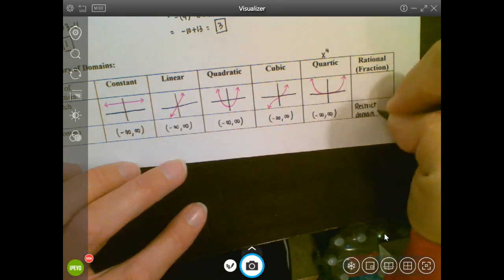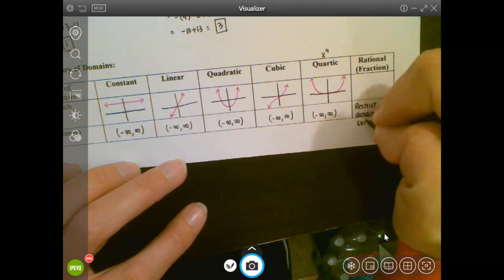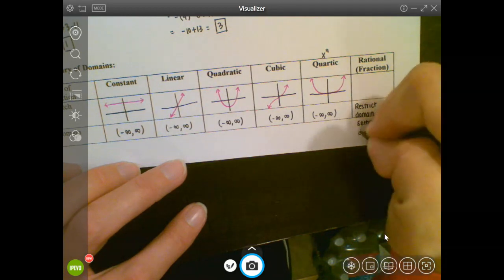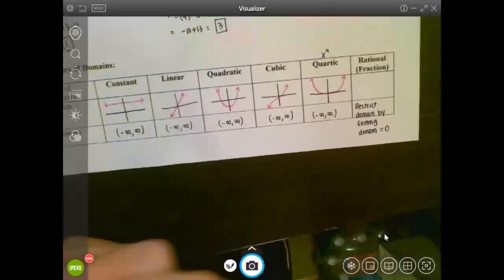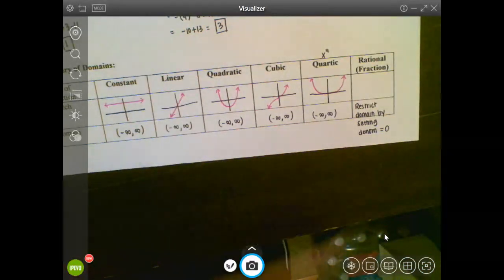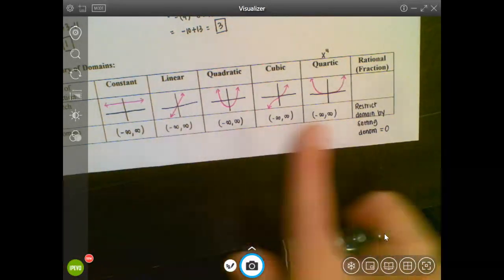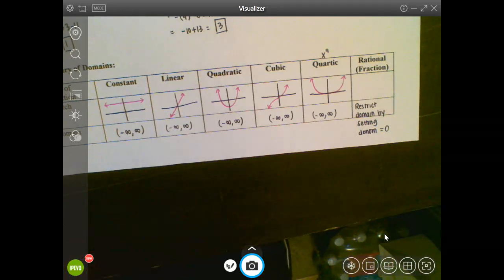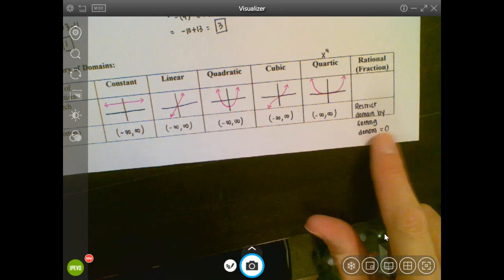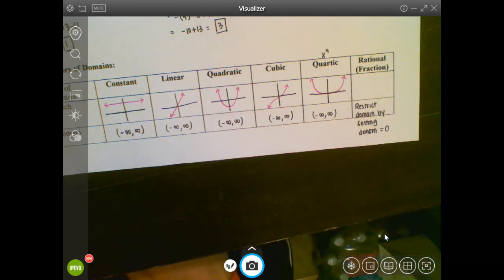So we want to restrict the domain by setting the denominator equal to 0. So that's kind of the difference. So basically any other function that you might run into, so a constant, linear, quadratic, cubic, or quartic, basically all their domains are all real numbers. The only one that's going to be different and the one that we have to be careful about is going to be the rational function.